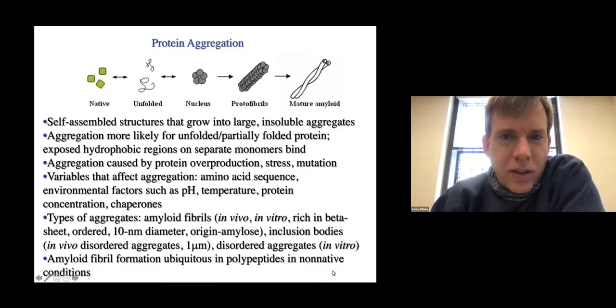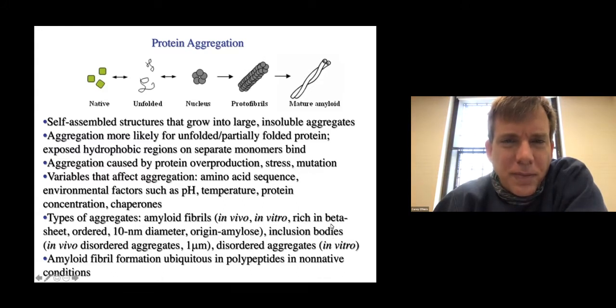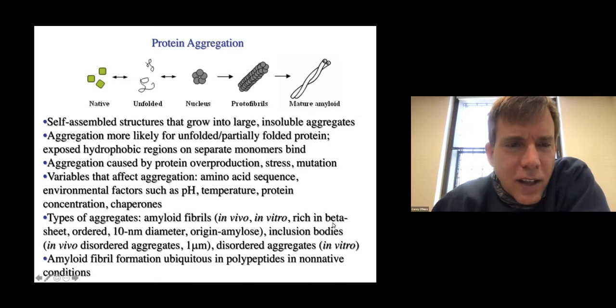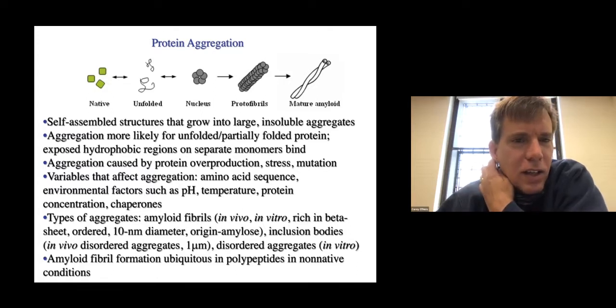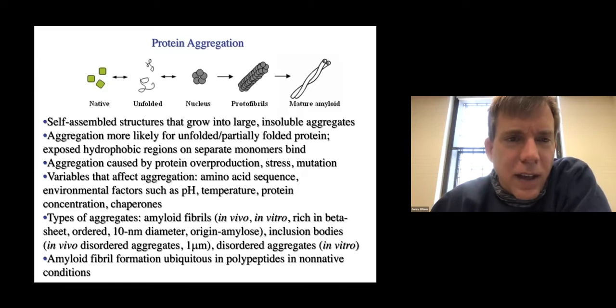So, some initial thoughts on protein aggregation. The cartoon in the top of this slide suggests that when proteins are folded into their native structure, they don't aggregate and stick together as much as if, for whatever reason, a protein doesn't fold.